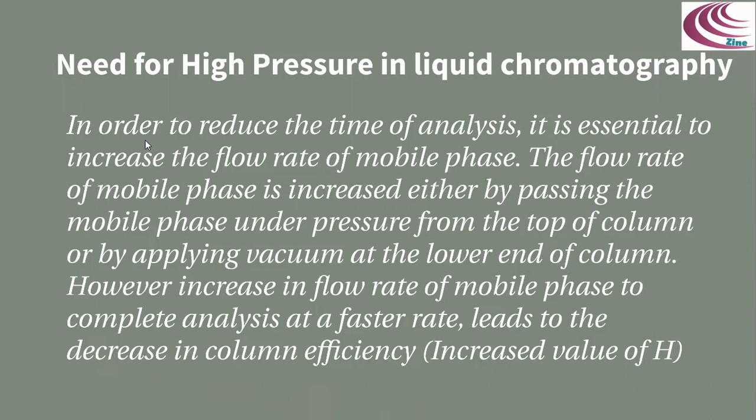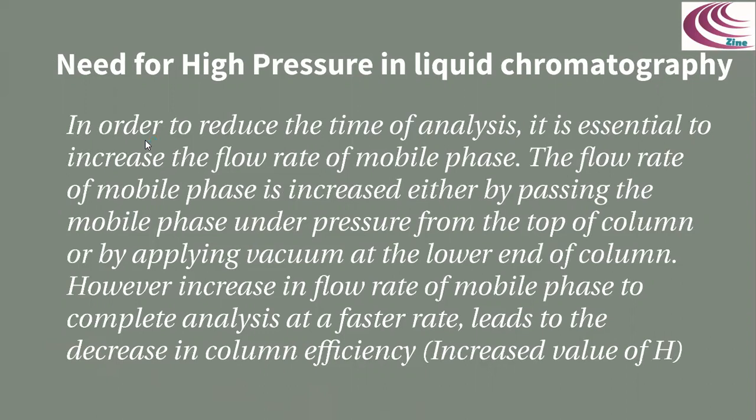So, dear learners, in order to reduce the time of analysis, it is essential to increase the flow rate of the mobile phase. The flow rate of the mobile phase is increased either by passing the mobile phase under pressure from the top of the column or by applying vacuum at the lower end of the column.